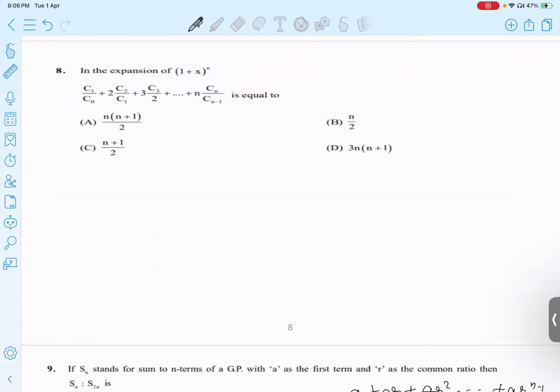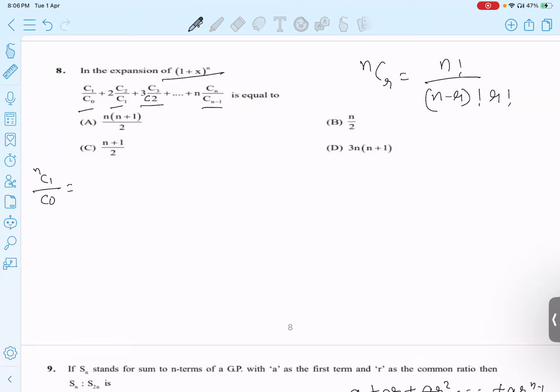Now, this was supposed to be C2. Now, let us find what is C1 by C0 in the expansion of binomial theorem. You will get only one question from the binomial theorem or no question from the binomial theorem. Though the question is depending on the binomial theorem, these are the coefficients, which look like nCr with combinations, n factorial by (n minus r) factorial into r factorial formula.